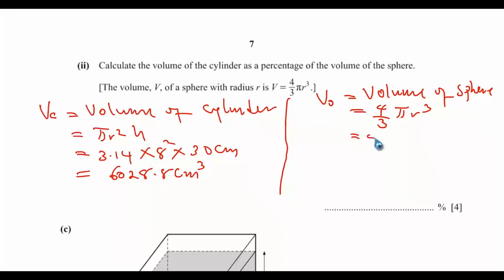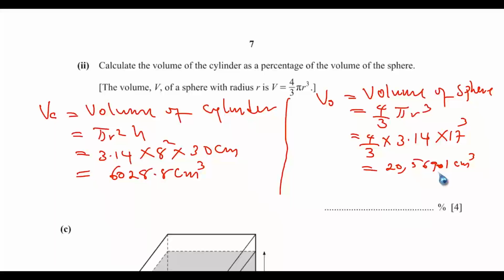That will be equal to 4/3 times 3.14 times the radius, 17, to the power of 3. If you do this, you're going to get 20,569.1 centimeter cube. There is a point here, so let me indicate it very well.